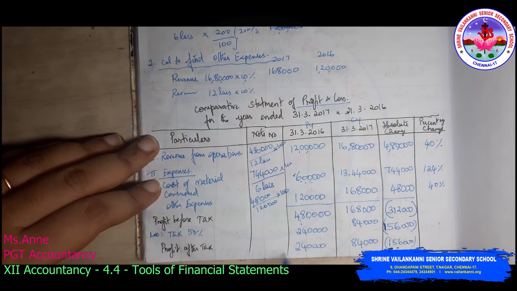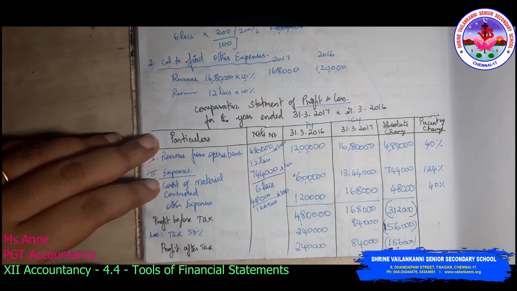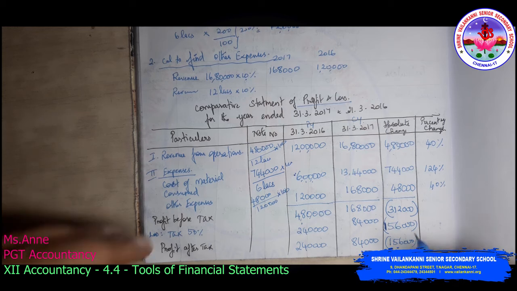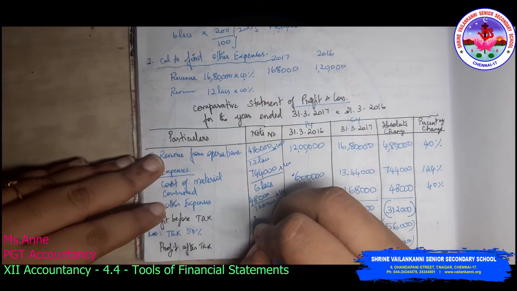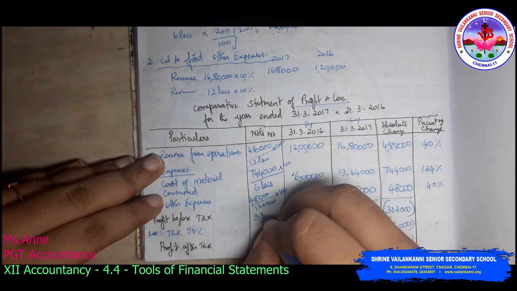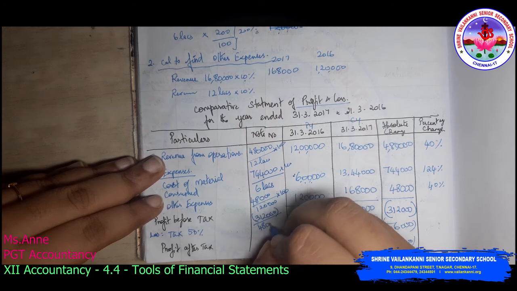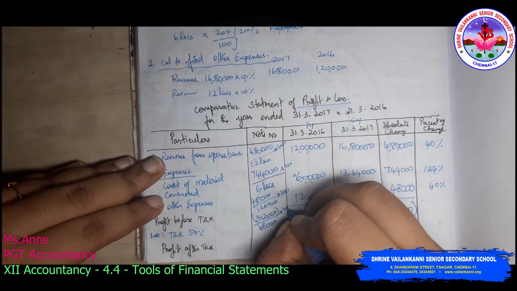So the absolute change that's going to happen is 3,12,000, which is a negative figure, divided by 4,80,000 into 100. That's going to give me 65%. That is also a negative figure. So I'm just taking it like this: 3,12,000 negative divided by 4,80,000 into 100.